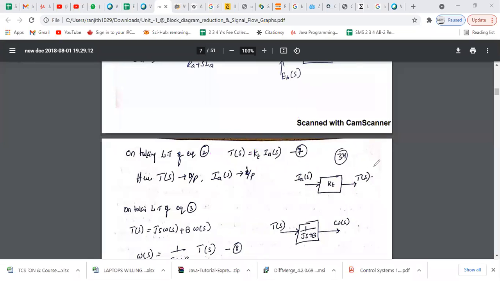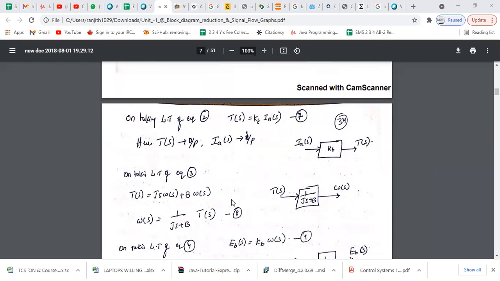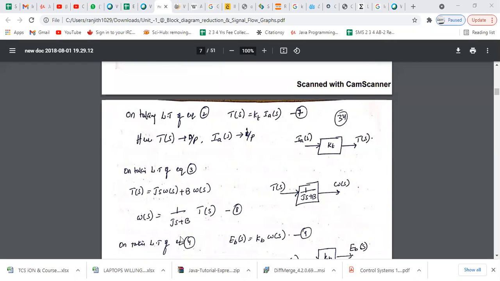Now coming to one more block here, what about T of s to this block? Input, right? We have one more equation. Torque is given as input to the mechanical rotational system. What is the output of the mechanical rotational system?